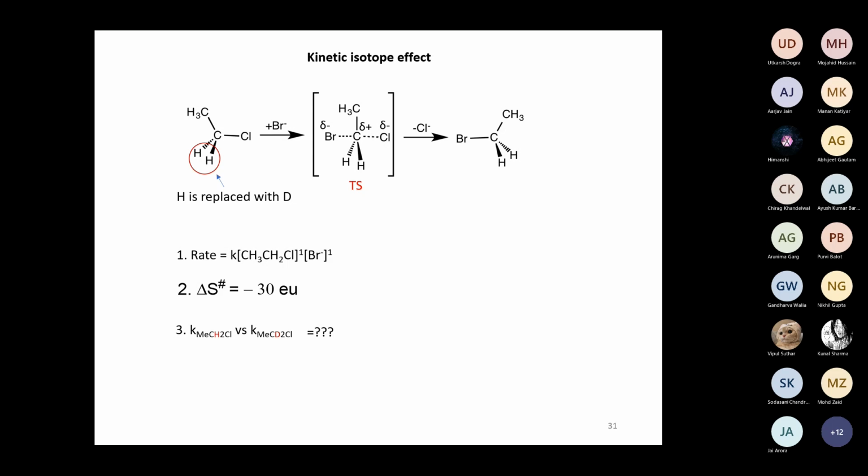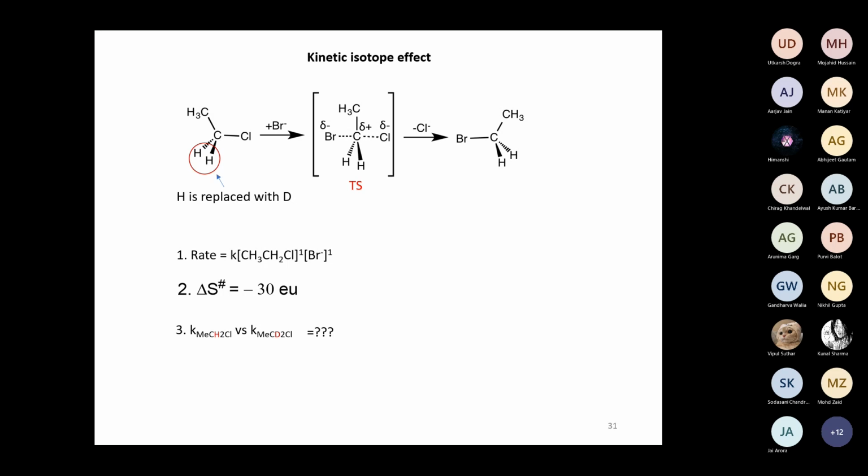I am trying to teach you in a pictorial way so that you can understand the origin of the kinetic isotope effect, and how it will be helpful to understand the nature of the transition state. Not only that, you can also predict from a proposed mechanism what type of isotope effect you can expect.